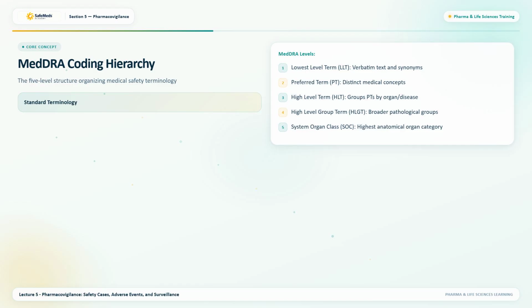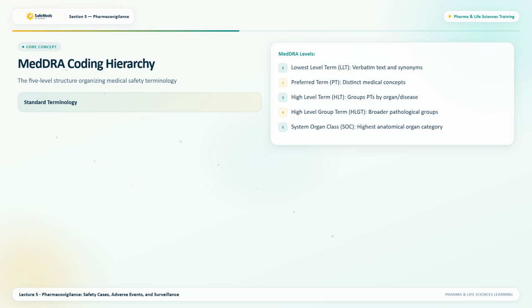MedDRA is a highly structured medical terminology organized into a 5-level hierarchy, ranging from lowest-level terms to system organ classes. Case processors use MedDRA to code adverse events, medical histories, indications, and laboratory findings, ensuring consistency across all safety cases.